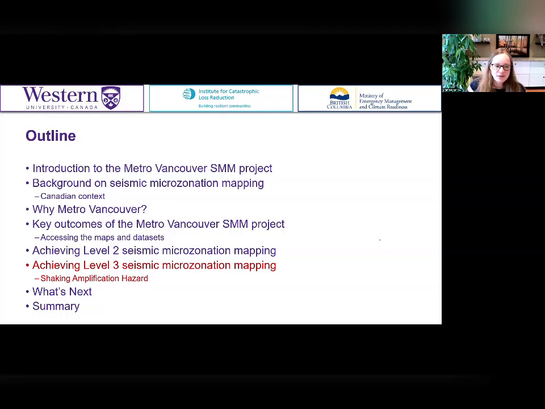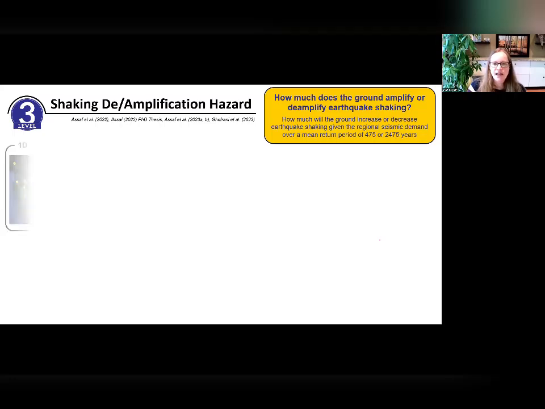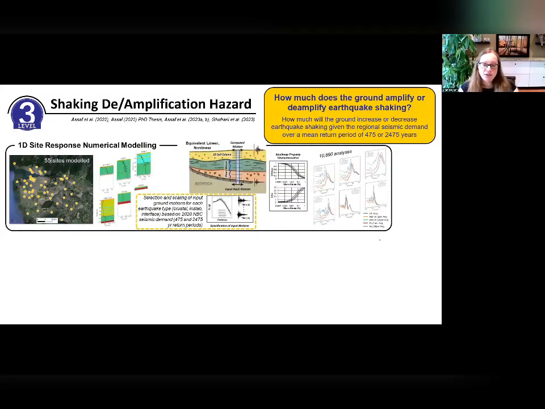Last but not least, to quickly try to explain our shaking amplification hazard. This involved also sophisticated seismic hazard analyses, and that dynamic site response is accomplished for 55 locations.